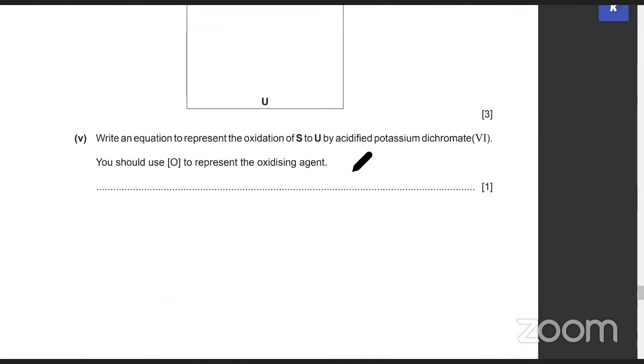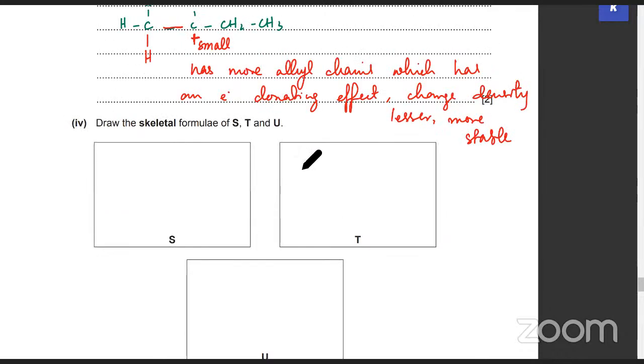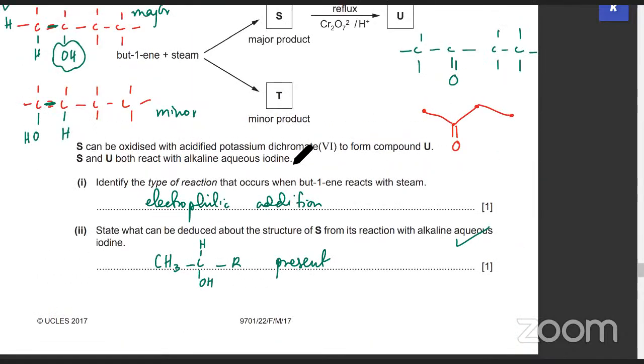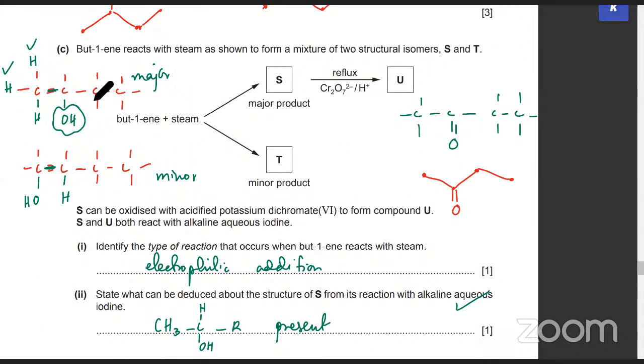Then I write an equation to represent the oxidation of S to U. He's not asking for potassium dichromate(VI), he's saying to use O to represent the oxidizing agent. So S to U, I think it was this one. Butanol turning into butanone. So we're going to do that.